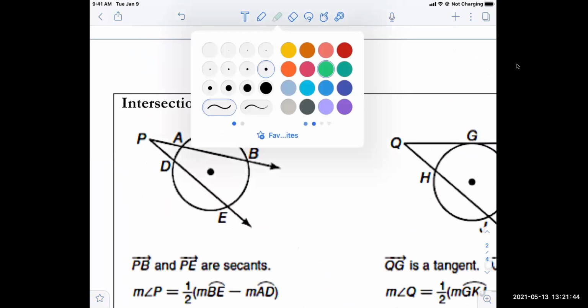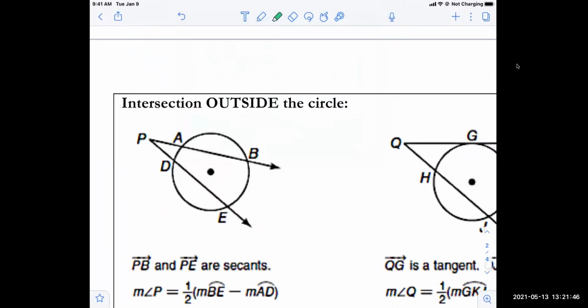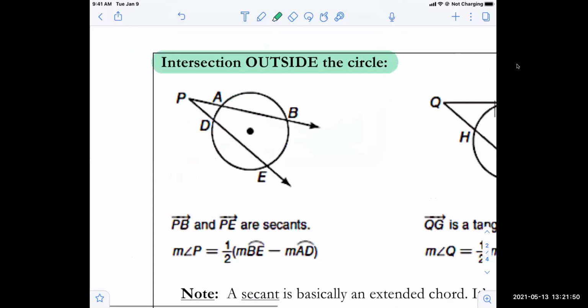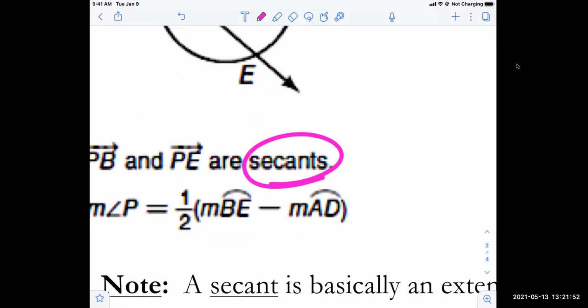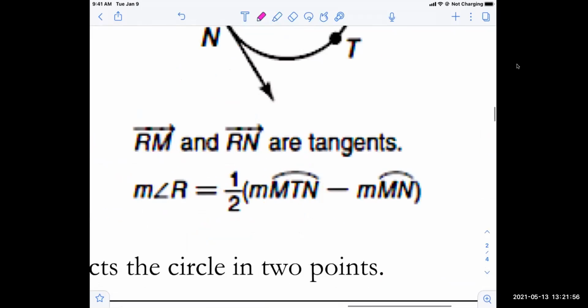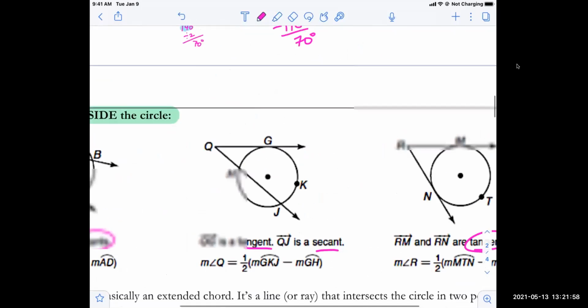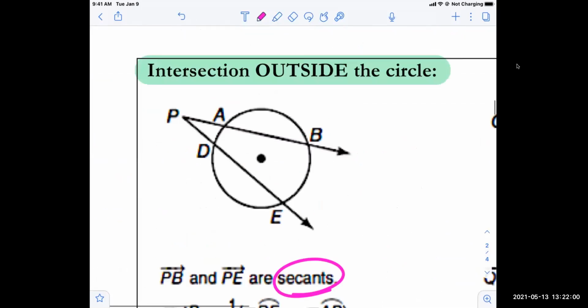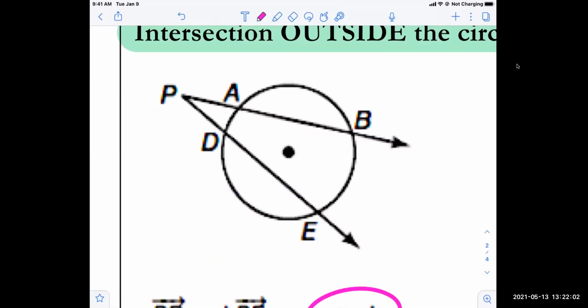So when the intersection is outside of the circle, there's 3 different ways it might look. It absolutely does not matter if they're two secants, if they're a tangent and a secant, or if they're two tangents. Okay, but they look different. What's important is where's the vertex? The vertex is outside. There are 2 arcs that are intercepted by that angle.